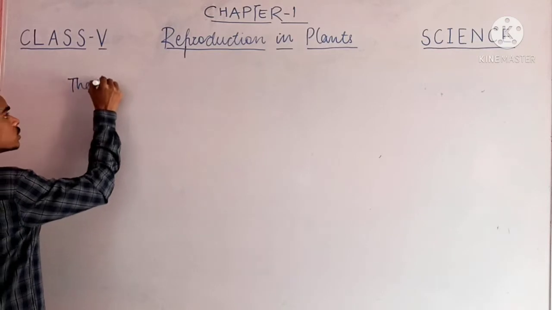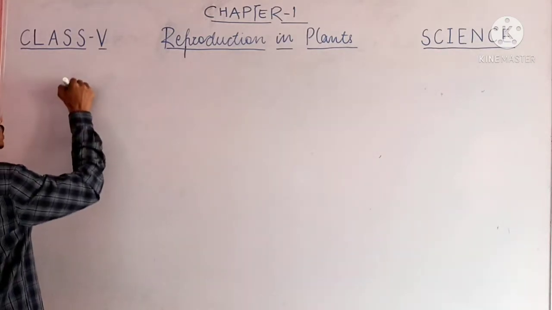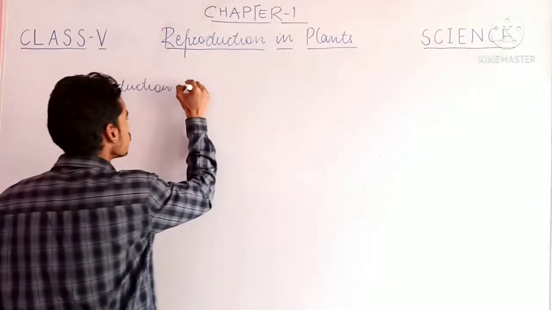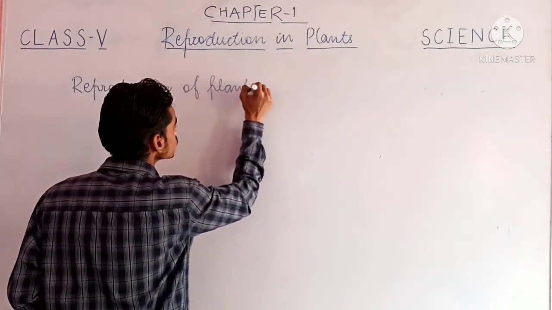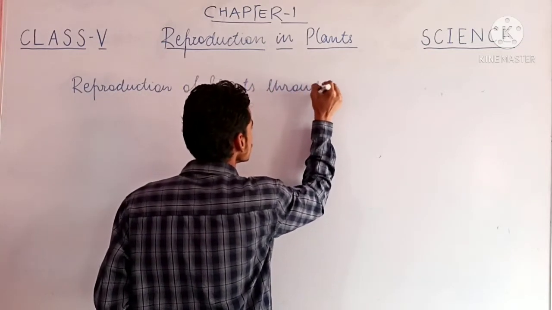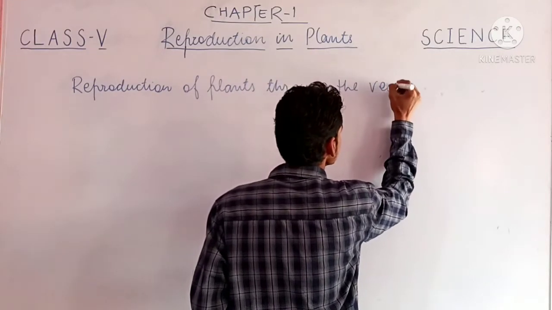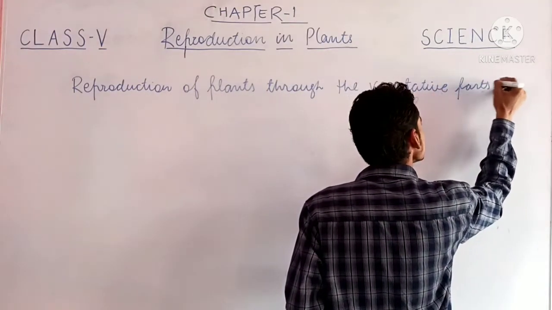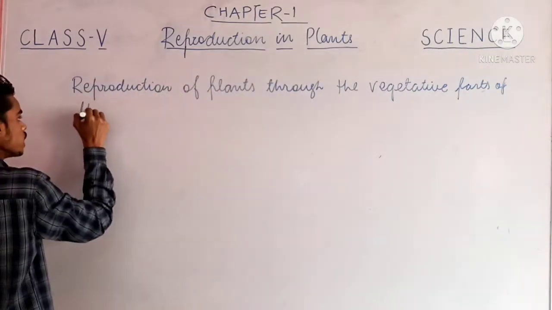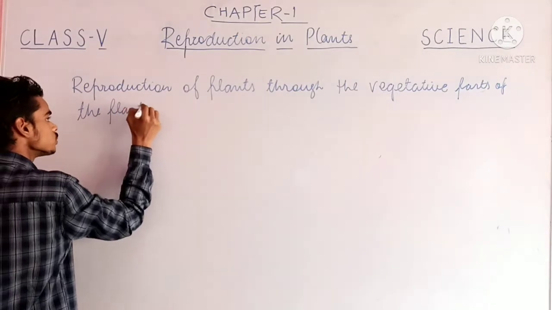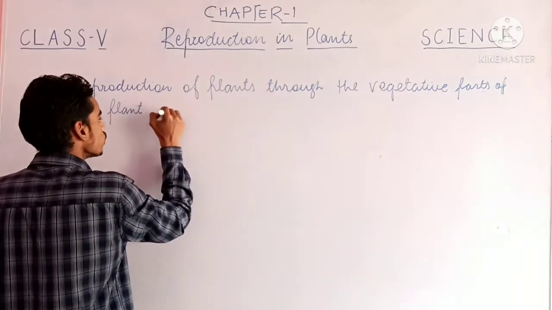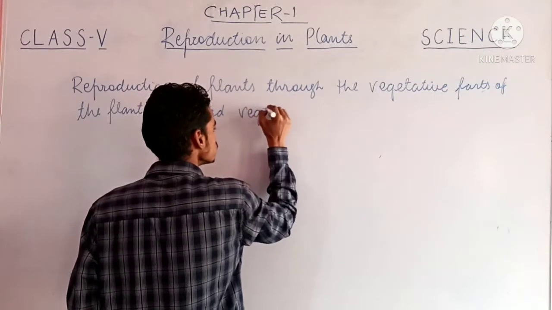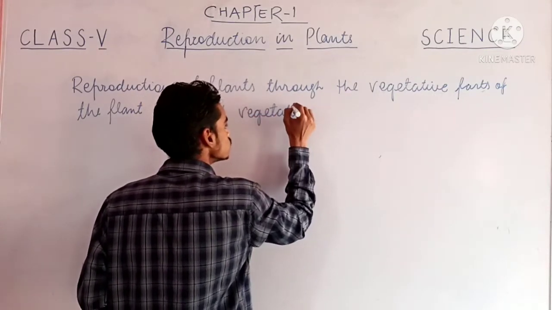The process of reproduction of plants through the vegetative parts of the plant is called vegetative propagation.